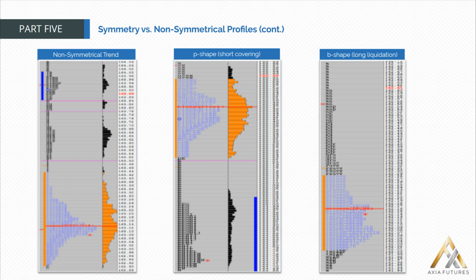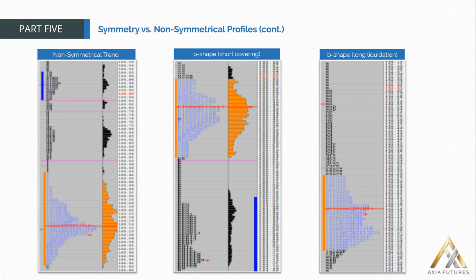So what you can see with regards to the trend is how for the entire day we've seen initiative being taken by sellers in this example, and they keep selling and selling and selling, and eventually they run into stronger responsive buying, and that stronger responsive buying is what allows the market to almost just bounce a little bit and distribute and trade a little bit of two-way trade.